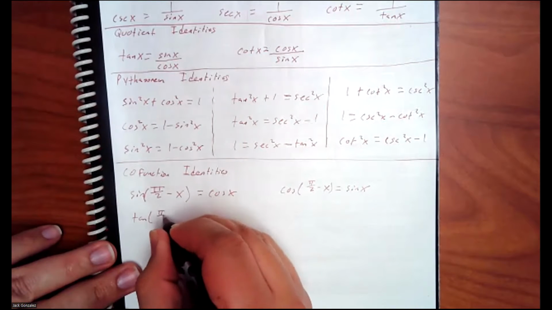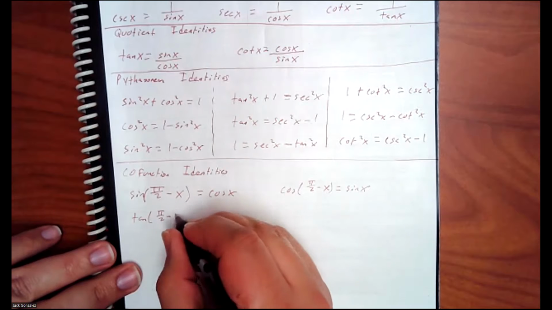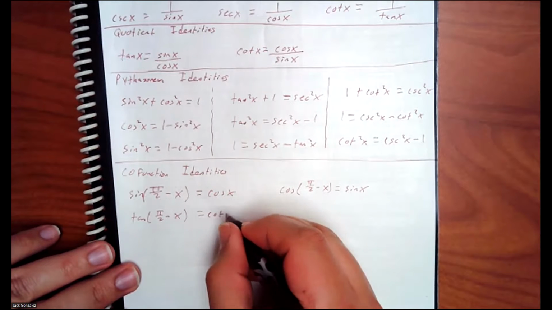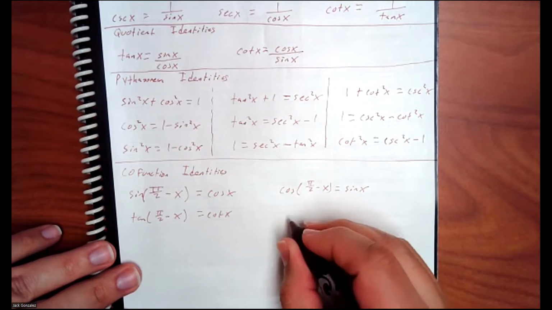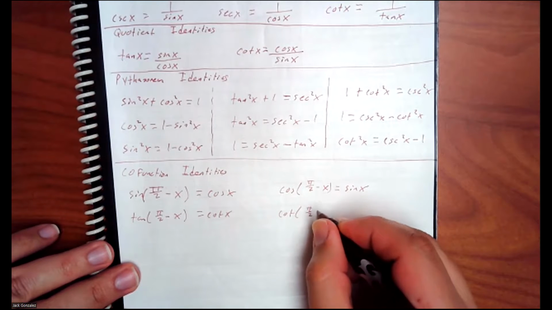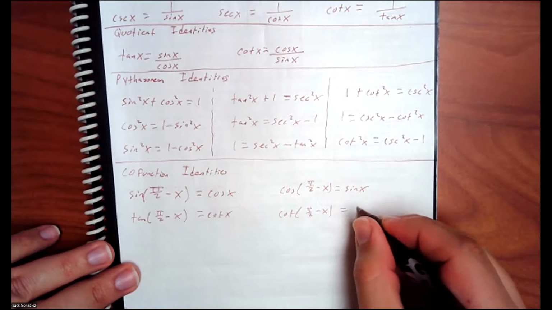Tangent of pi over 2 minus x will be cotangent, and the opposite will be tangent.